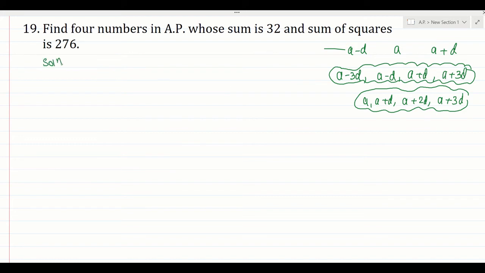Solution. Find four numbers in AP. So we'll say let the four numbers in AP be a minus 3d, a minus d, a plus d, and a plus 3d.